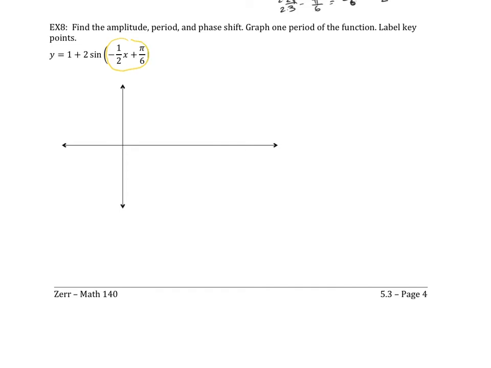Okay, so I'm going to factor out my negative 1/2. And so I'd get 1 plus 2 times the sine of, factor out negative 1/2. And so I would get x. We're basically dividing by negative 1/2, right? Pi over 6 divided by negative 1/2 is the same thing as pi over 6 times the reciprocal.